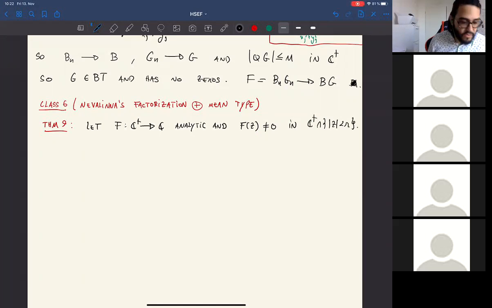In other words, the origin is not an accumulation point of the zeros of F. Then F is a function of bounded type in the upper half plane if and only if it has a certain representation.